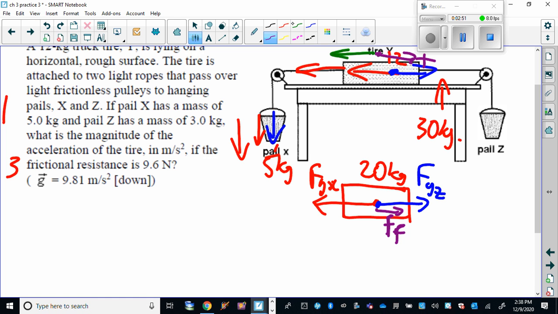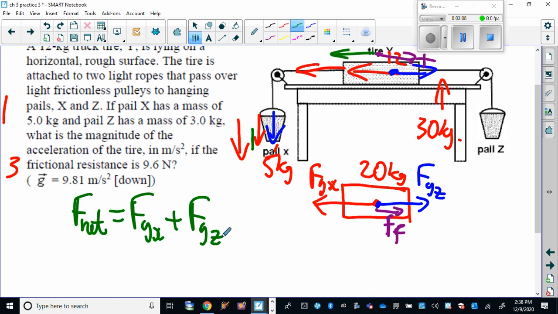And from there, it's actually quite straightforward. We want to find the acceleration, therefore we need to find the net force. What is the net force? It is the force of gravity of X, which we're going to call negative because it's going down, plus the force of gravity of Z, which we're going to have to call positive because Z is going up, plus the force of friction, and the force of friction is also going to be designated as positive.